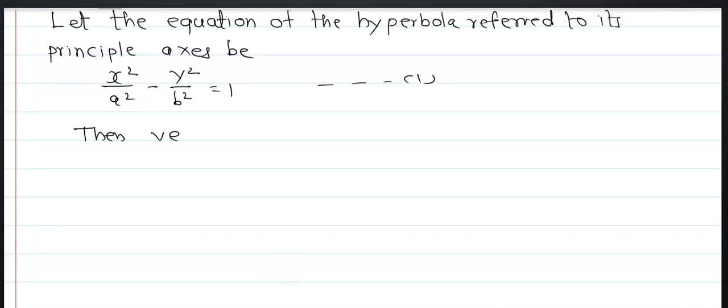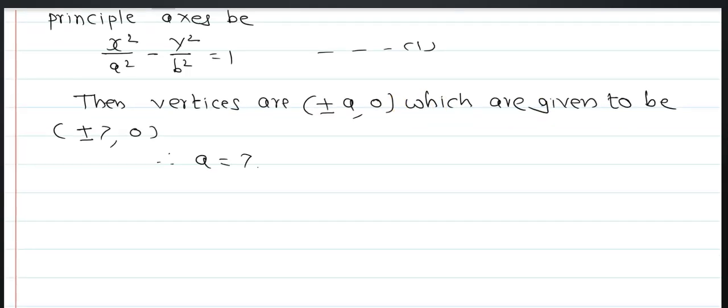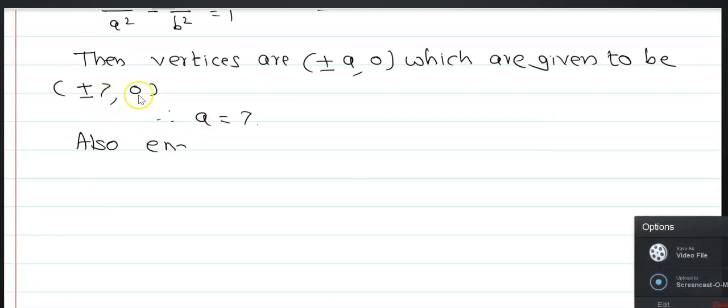Then vertices are (±a, 0), which are given to be (±7, 0). Therefore, a equals 7.